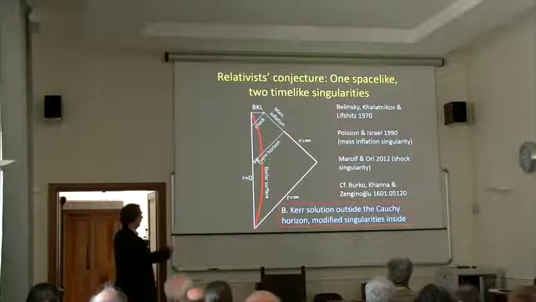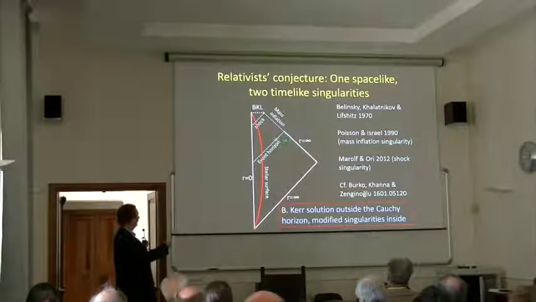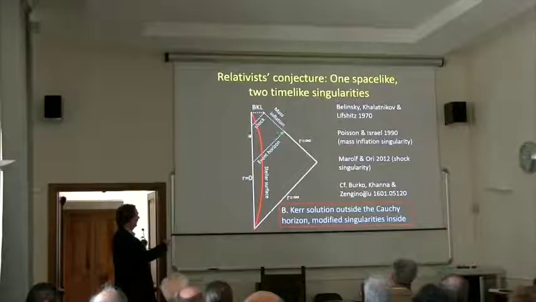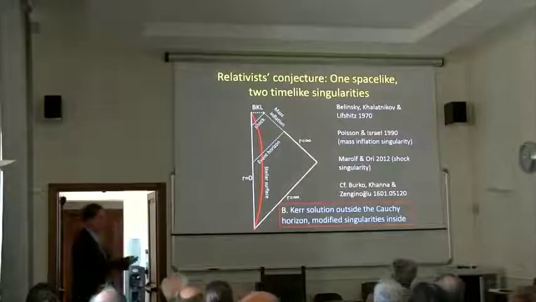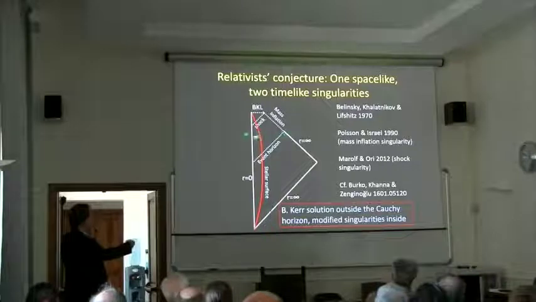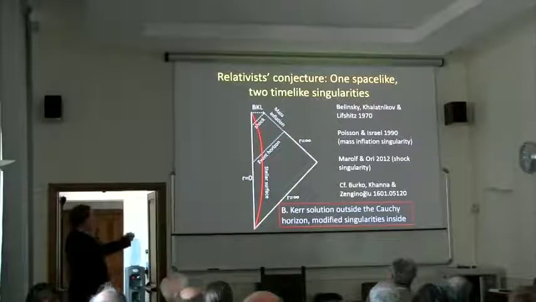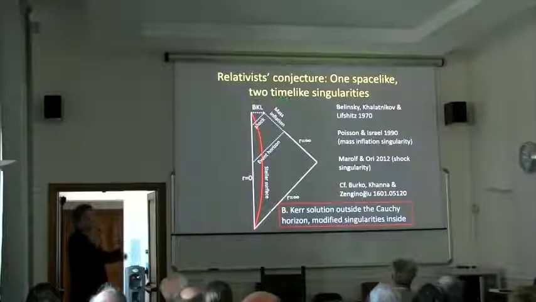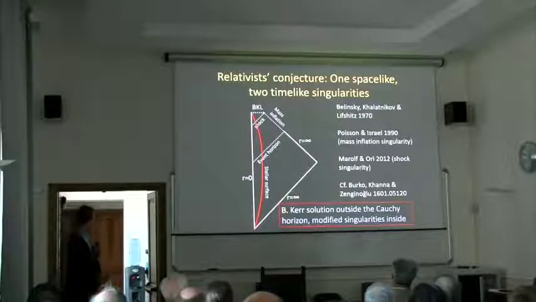So first of all, that event horizon is there. Now I've drawn it in. But instead of the solution terminating at r equals 0 here, there are several modifications of the singularity structure above.